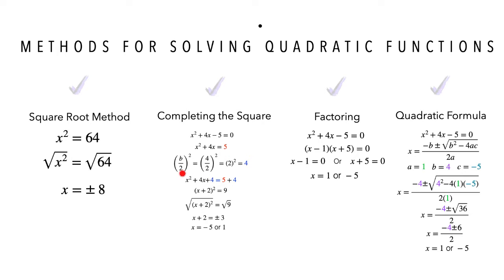Then we had to find a number, b over 2. So we took the b value 4, divided it by 2, and squared it. And then we could add it to both sides. The left side would be a perfect square at that point, and then we could use the square root method. Again, not a preferred method to do it. If we could solve everything with the square root method, we'd love to. However, this only worked when there was no b term, so it has limited uses.